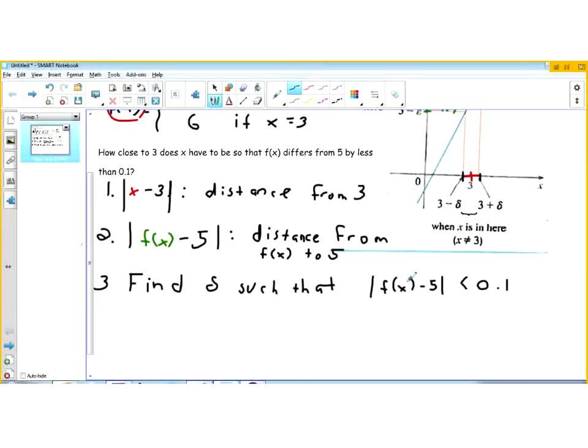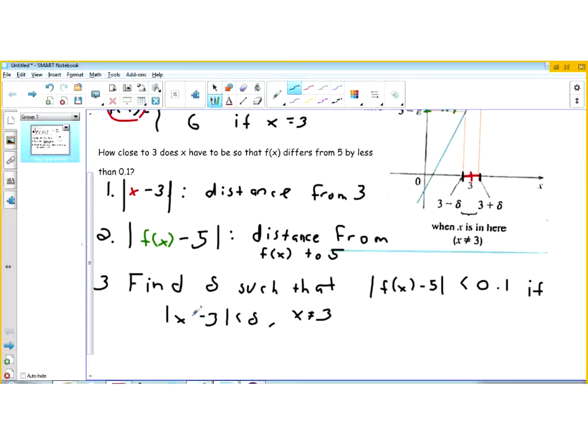Remember, we want the distance from f of x to 5 to be less than or equal to 0.1. This distance is met if what? The distance from x to 3 is less than delta. And x cannot be 3.